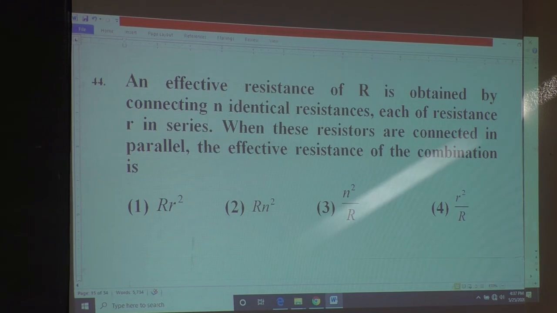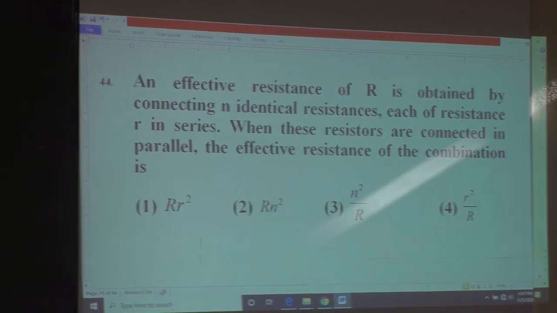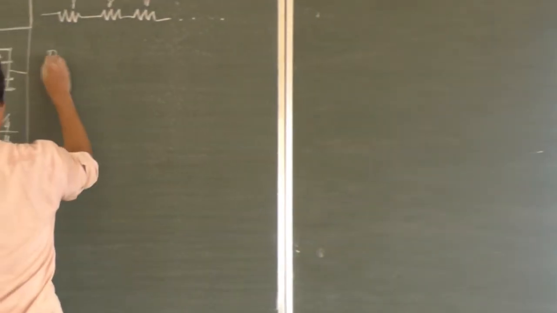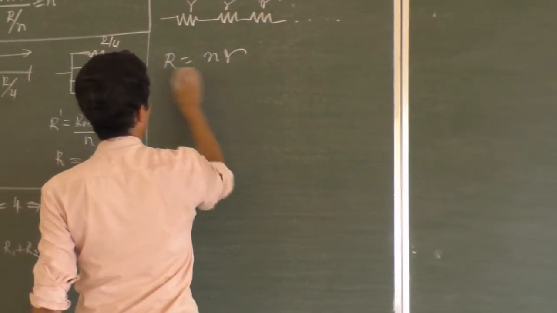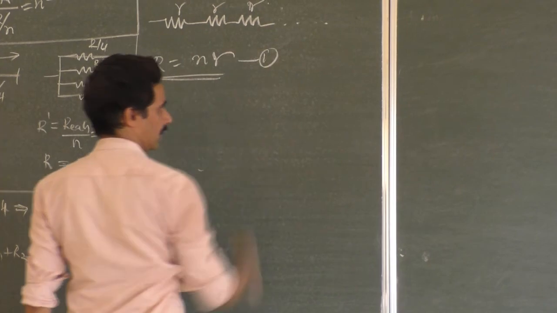An effective resistance of R is obtained by connecting n identical resistances, each of resistance small r, in series. I will connect small r's in series, n times, and the effective resistance is R, which is nothing but nr. So this is equation 1.